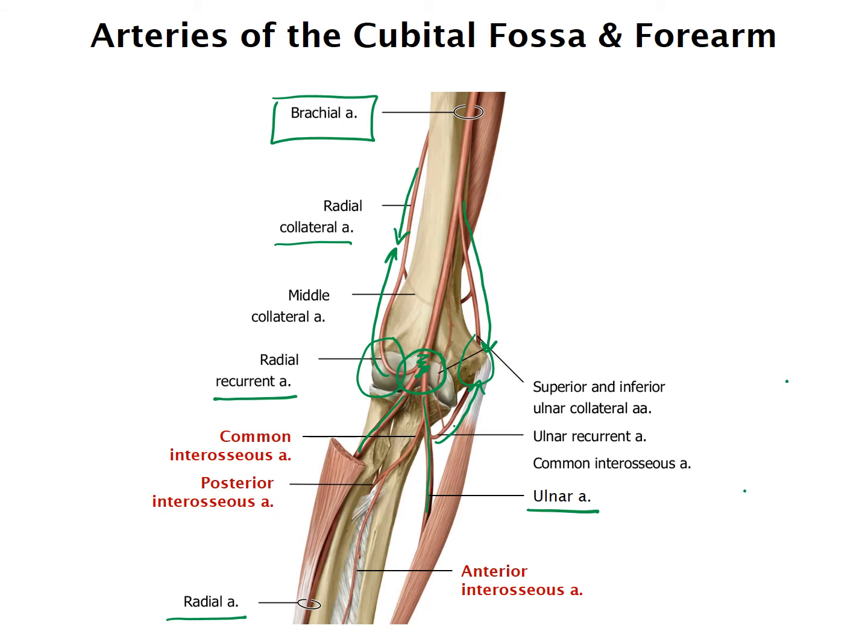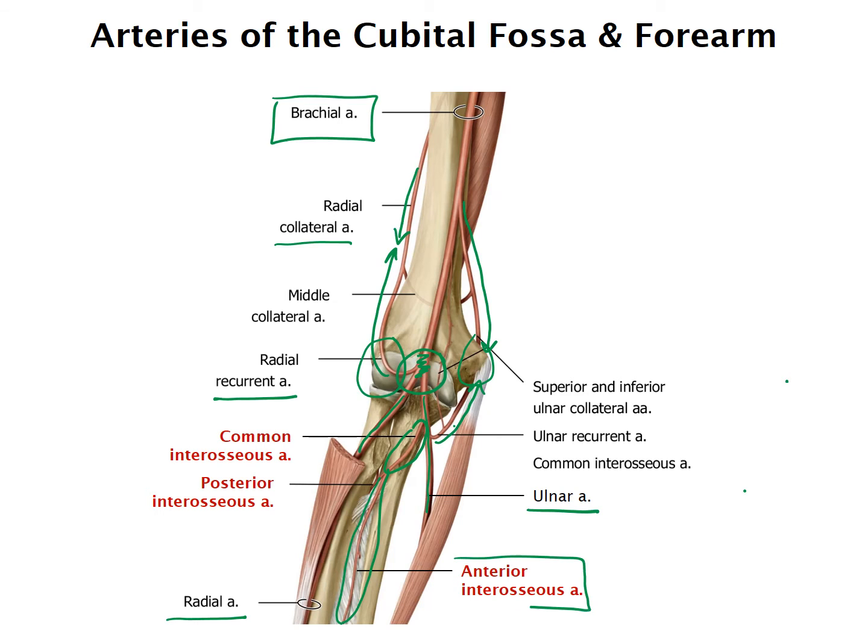In lab, you are likely to see these recurrent and collateral vessels, but don't make them a top priority for your dissection. In order to supply the deep aspect of the forearm, the ulnar artery gives off a common interosseous artery, shown here. And the common interosseous artery further divides into an anterior and posterior interosseous artery.